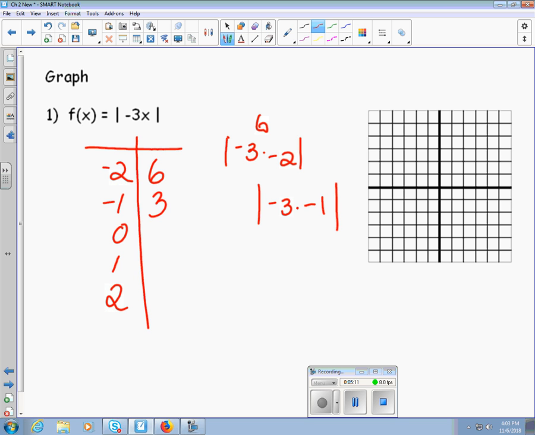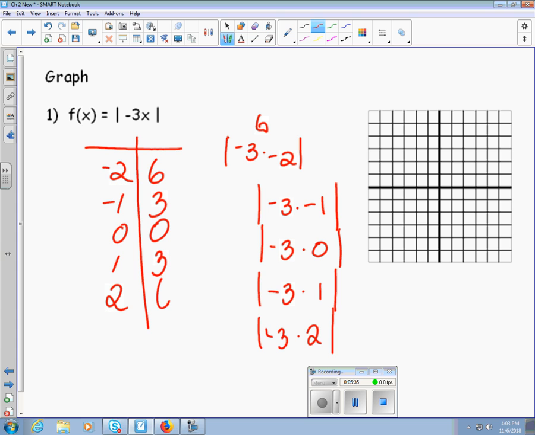If I plug in 0, we're going to have -3 times 0, which of course is 0. Absolute value is 0. And again, -3 times 1 will make -3, but it changes to +3 because the absolute value of -3 is 3. And the same thing, if you notice the pattern that's emerging here, this will make -6, but then the absolute value would be 6.